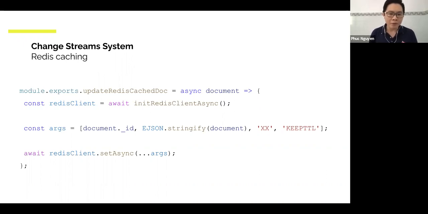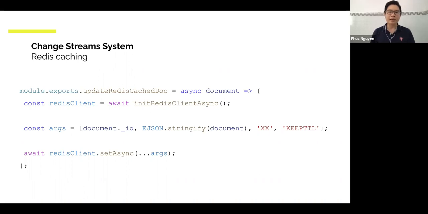And the nice thing about this layer is that, unlike a traditional caching layer where the cache items need to be invalidated sooner or later, our caching layer is always kept up to date by the change stream server. So whenever a document changes, we update its snapshot in our Redis caching layer. So basically, we have an evergreen cache layer that we can always access.